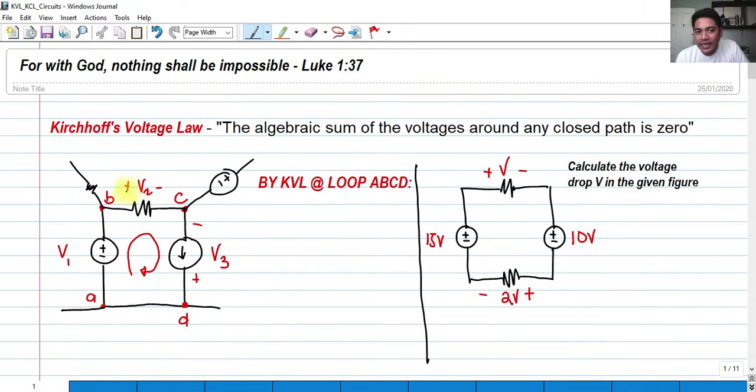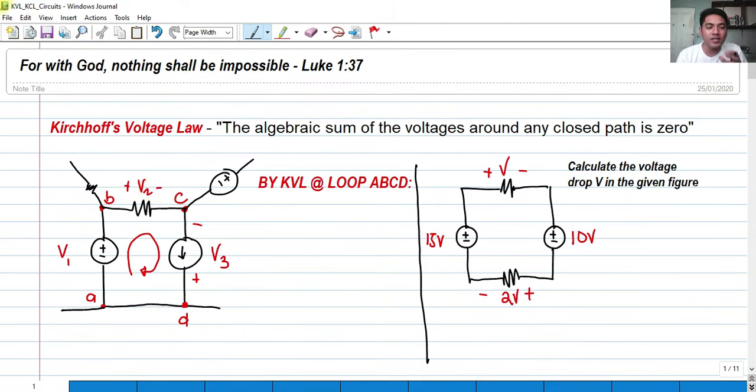Okay, so the polarity of the resistor depends on the flow of current. If it is arbitrarily selected in the problem, meaning if the problem already states that this is negative and this is positive, you cannot change that.